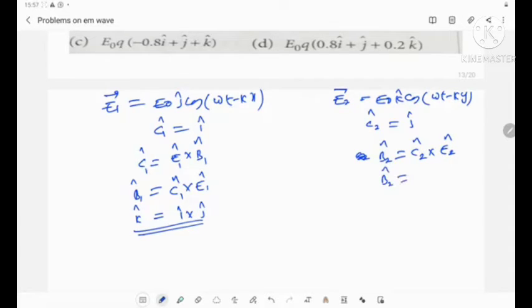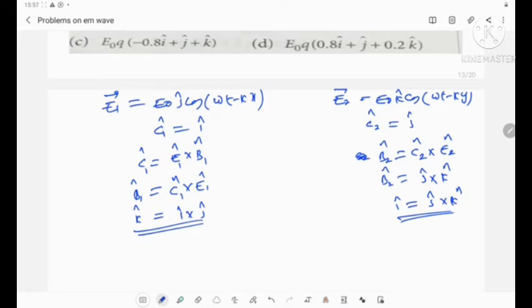C2 is j cap cross E2 is k cap. Therefore, j cap cross k cap is equal to I cap.